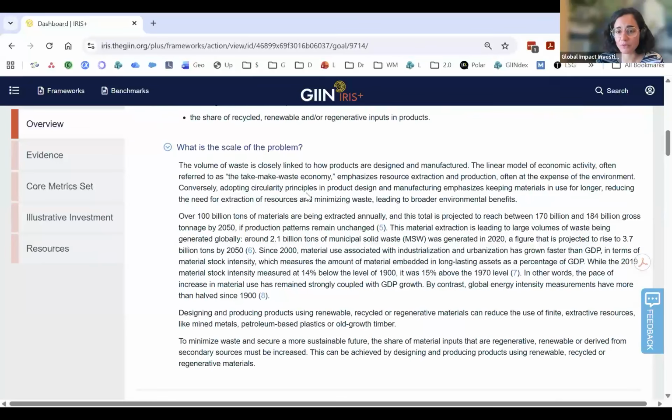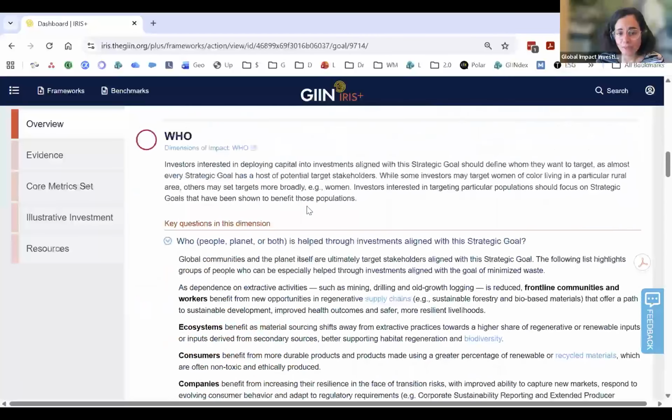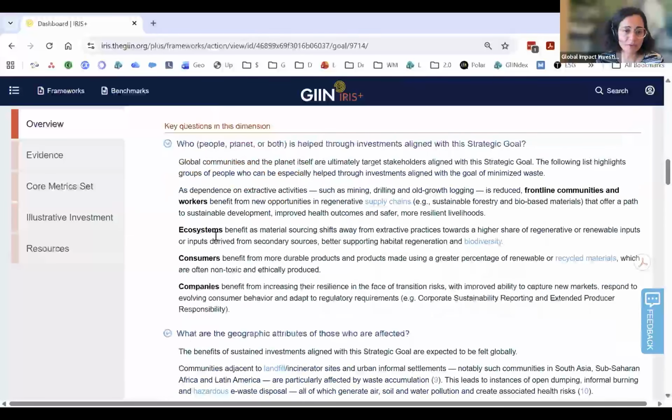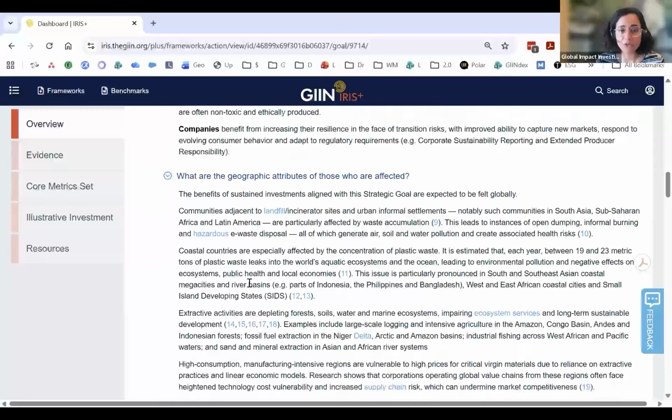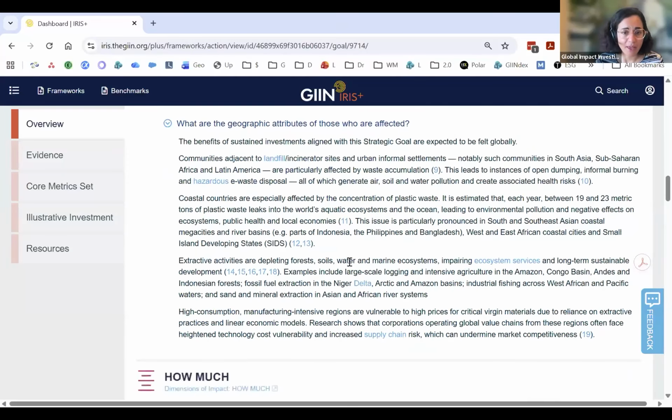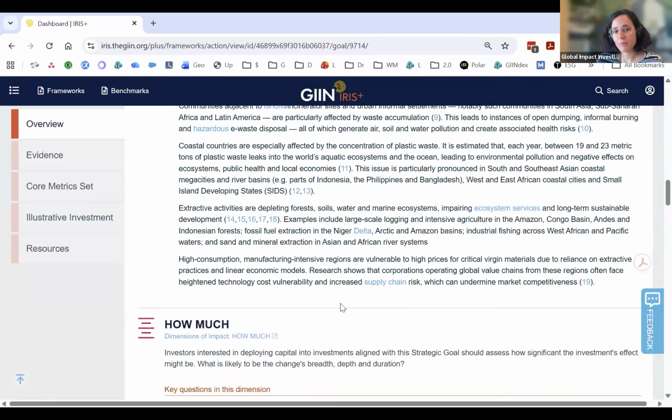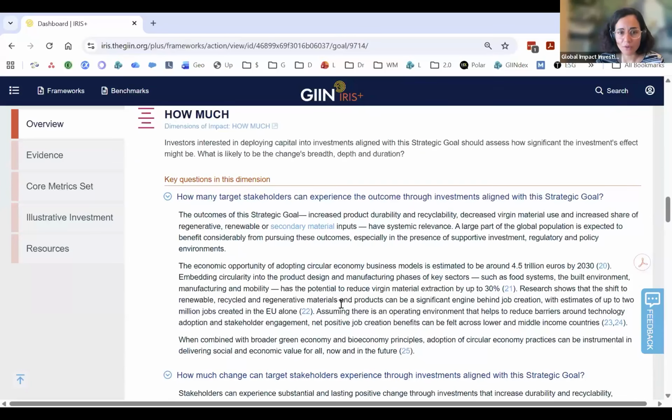There's a lot of information about what the scale of the problem is, who is affected, for example, workers, ecosystems, consumers, companies, what are the geographic attributes of those that are affected. This is especially relevant, for example, in regions where there is a lot of biodiversity and that biodiversity is threatened. So all this information is coming to you in this content with data, in a way that's addressed to an impact investing audience.